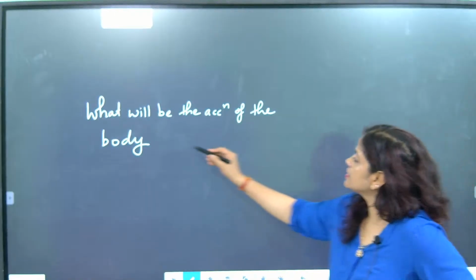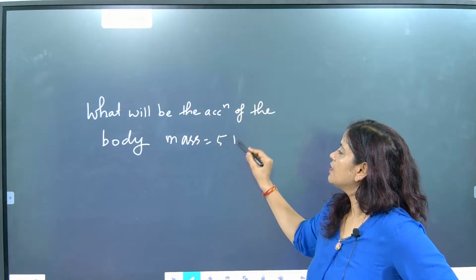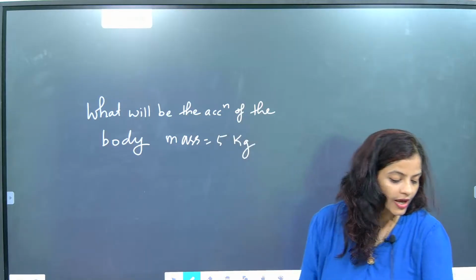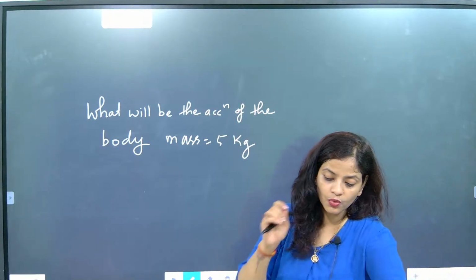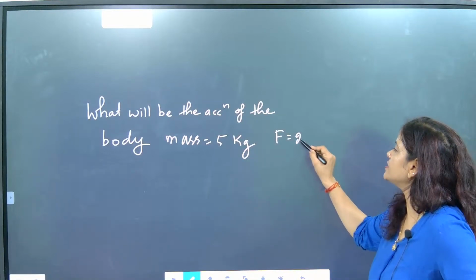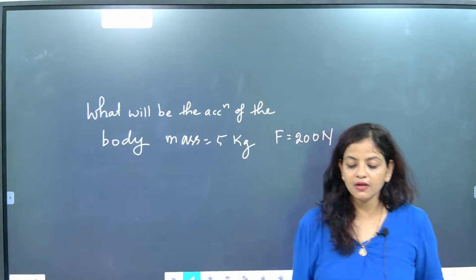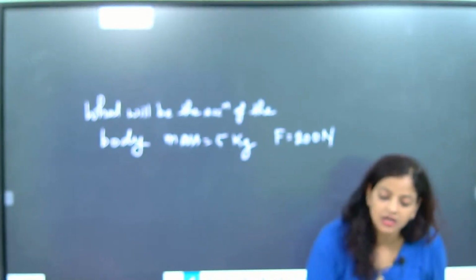What is the mass given to you? 5 kg. If a force of 200 Newton is applied on it, what is the force? 200 Newton. Do we have to do anything here or directly apply the formula?